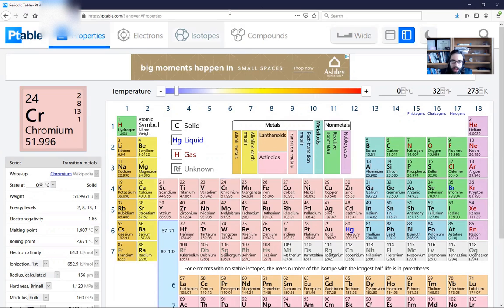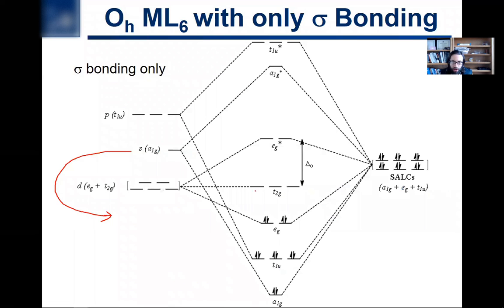Now most of the time when we're talking about complexes, we're usually talking about cations. Most complexes are cationic, and because of that, there's some electron density being pulled away from the metal relative to when it's a neutral element making a bunch of metallic bonds to one another, like a bulk piece of iron, right?